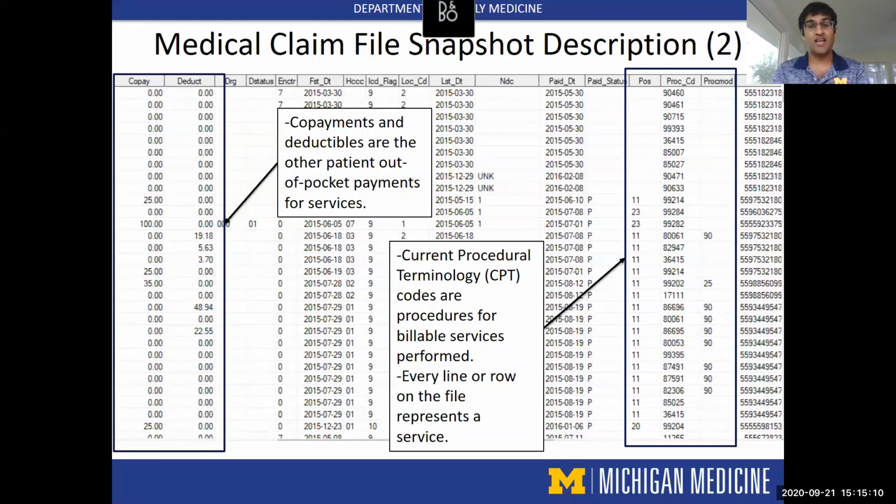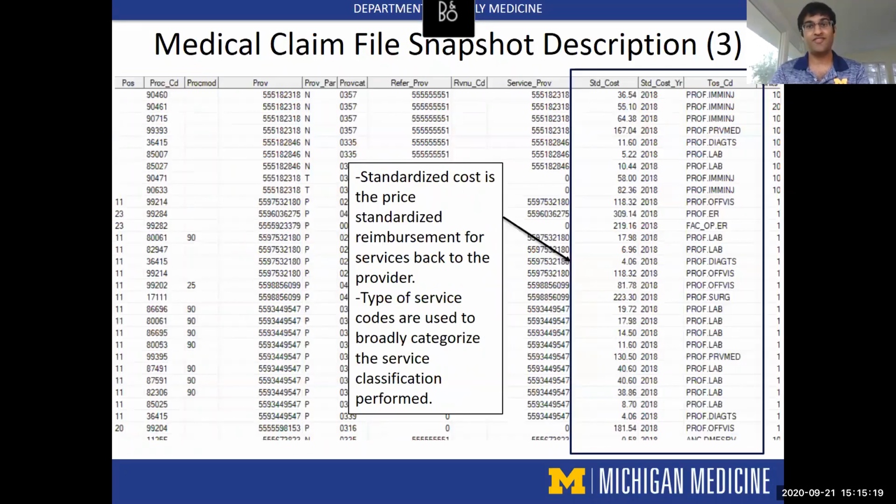These are additional codes for billable services performed, and every line or row on the file represents a service. And finally, again, more financial information. There's a standardized cost, so price standardized reimbursement.